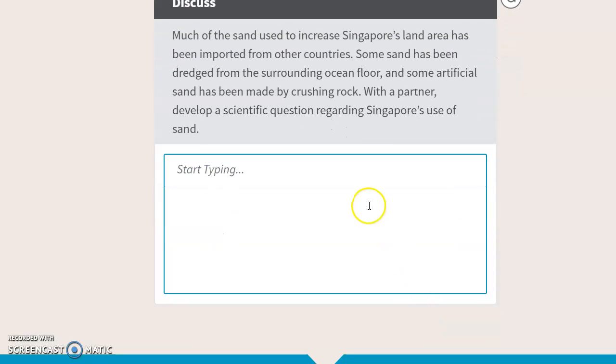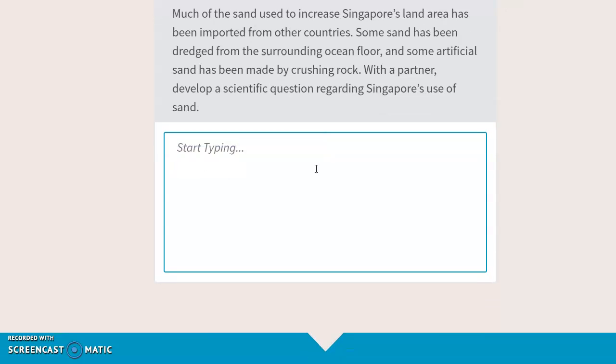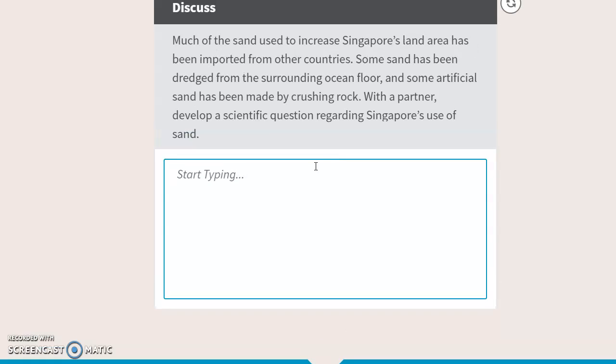Okay, much of the sand used to create the land has been imported from other countries, dredged from the floor, crushing rock. What is a scientific question about the use of sand? So, Singapore has used sand from many other countries and areas.